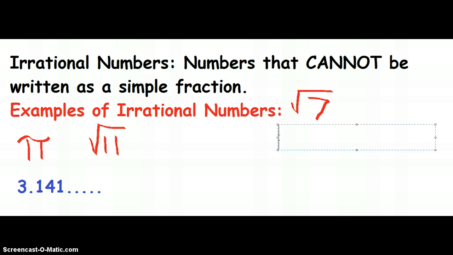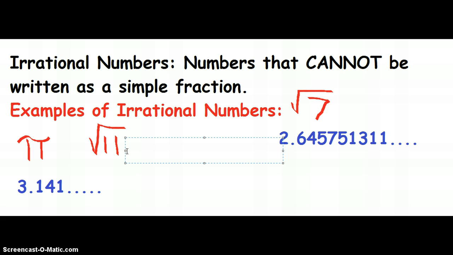The square root of 7 is another irrational number, because the square root of 7 is 2.645751311... It just keeps going on and on forever. The square root of 11, let me do a little math in my head here real quick.